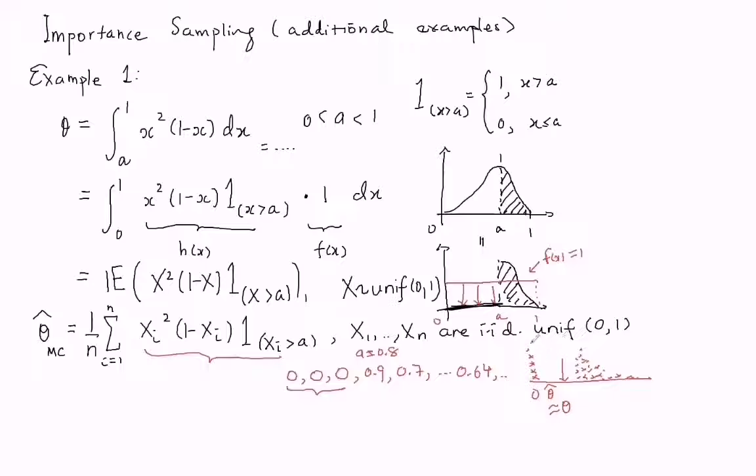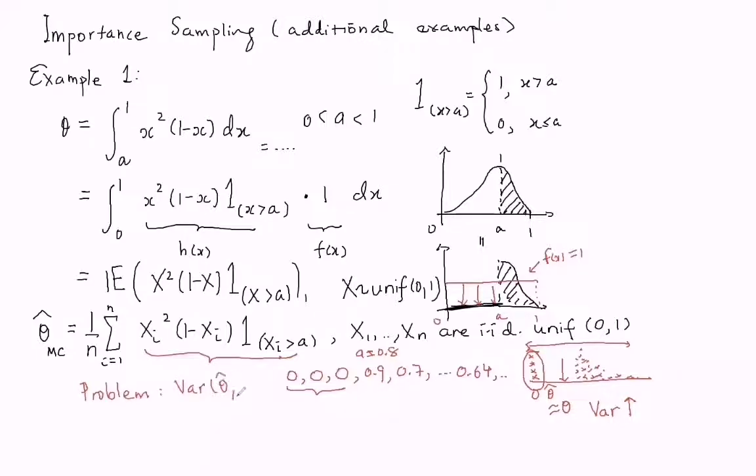The problem is the spread of the data, because there are so many of them at 0, right? So the variance tends to be very large. So this method is actually not very good. It's very simple, but it's not good because the variance is too big.